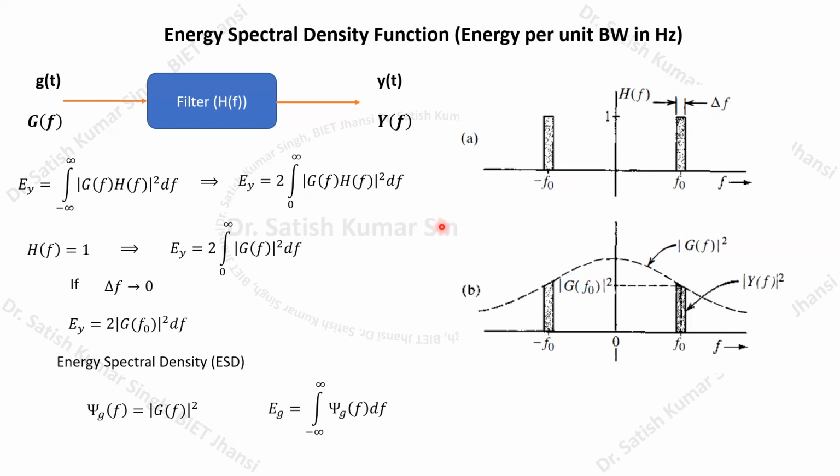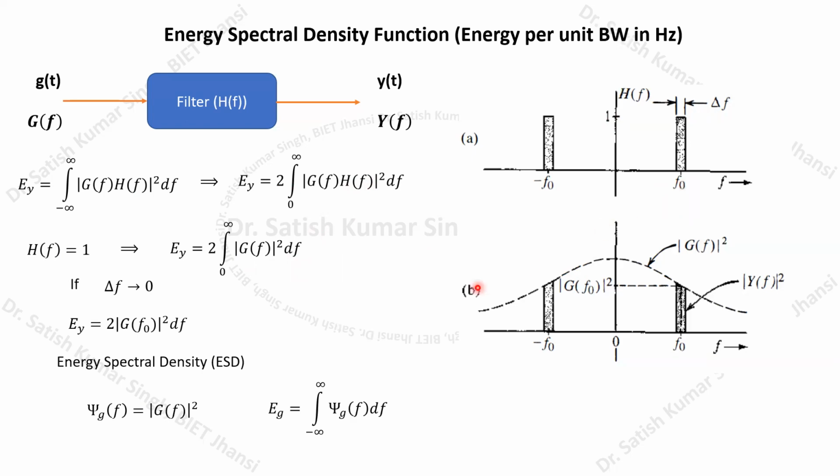Here, if H(f) equals 1 and you wish to calculate the energy of this y(t) signal, we can follow this identity: 2 times the integral from 0 to infinity of |G(f)|^2, where I have substituted H(f) equals 1. Let us say this delta f is a very small value, delta f tends to 0.